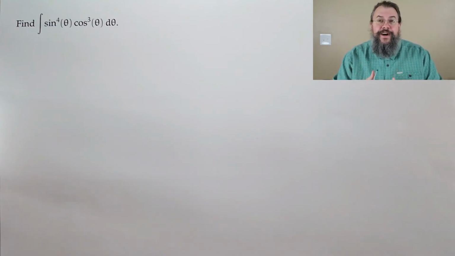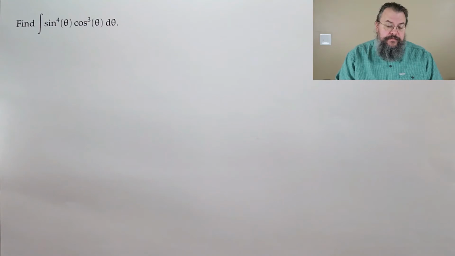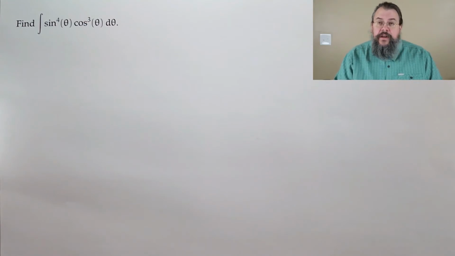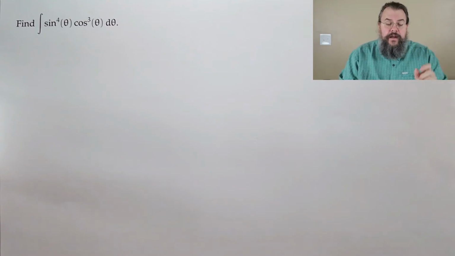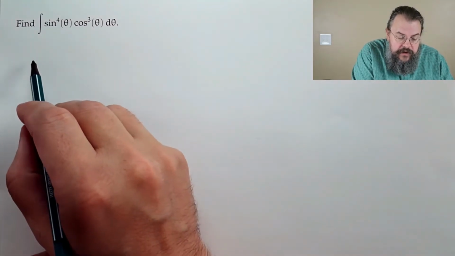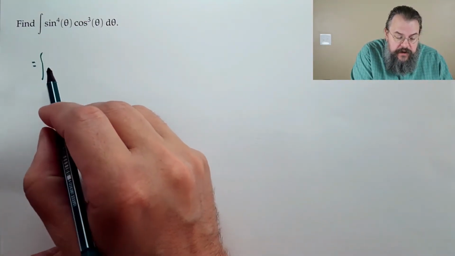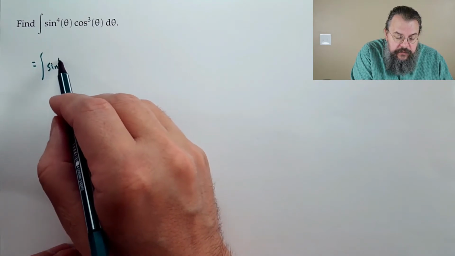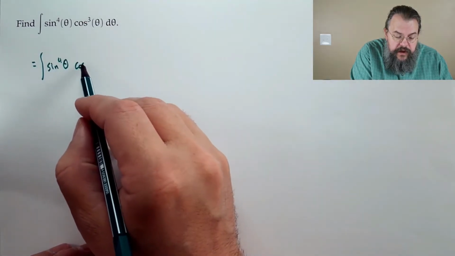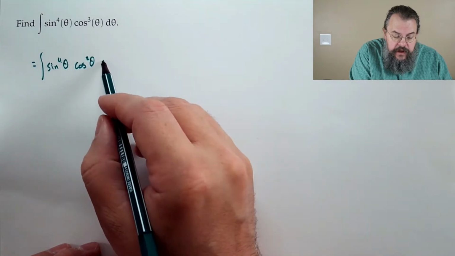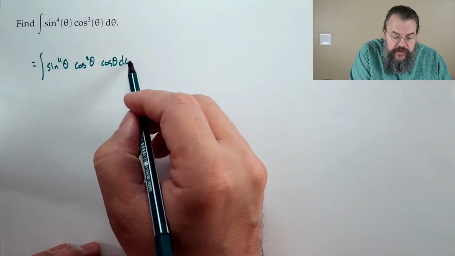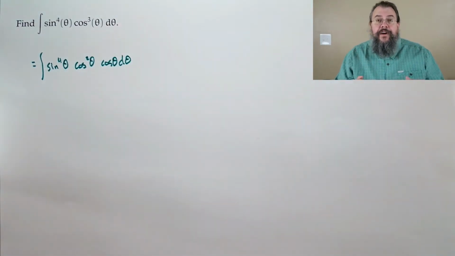We can do stuff. So we take whichever one has an odd power and pull one off to the end. So this is really the same as sine to the fourth theta cosine squared theta cosine theta d theta.